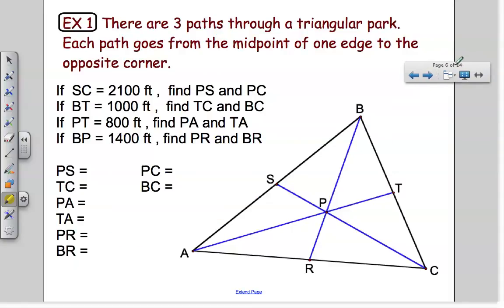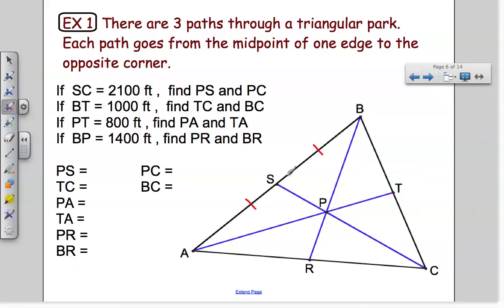This example uses that 2/3, 1/3 business and what we know about medians. There are 3 paths through a triangular park. So this is the outside of our park, and the blue lines are paths through the park. Now it says each path goes from the midpoint of one edge to the opposite corner. So that means S is the midpoint of this edge, so these are congruent, and it goes to the opposite corner.